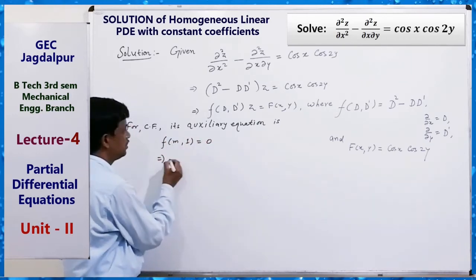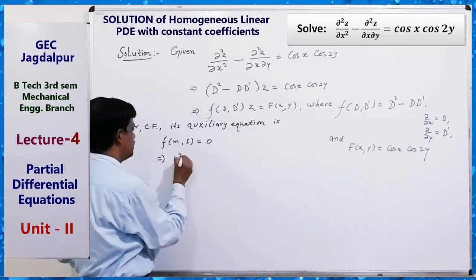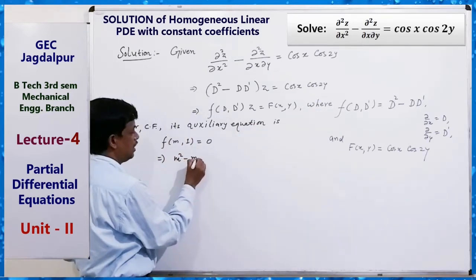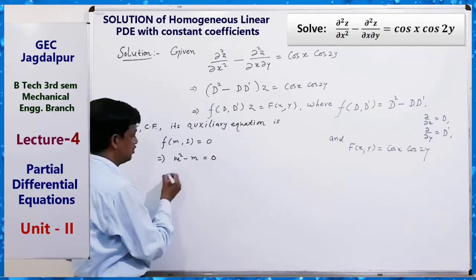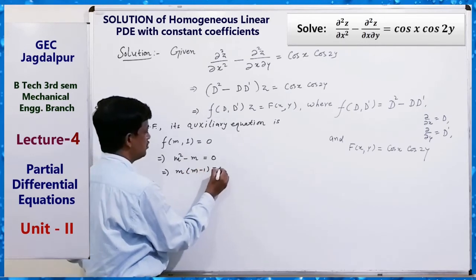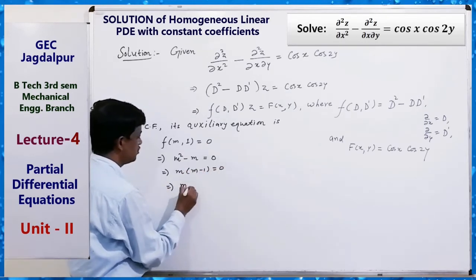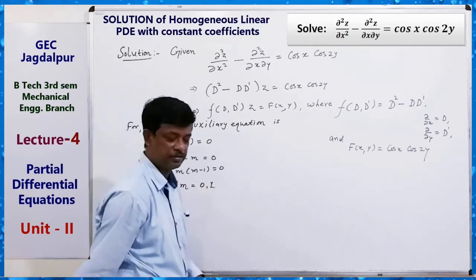That is m square minus m equals 0. That is m into m minus 1 equals 0. That is m equals 0 and 1. Clear?